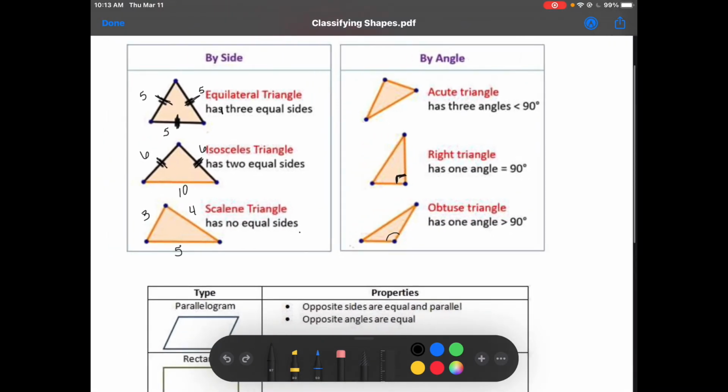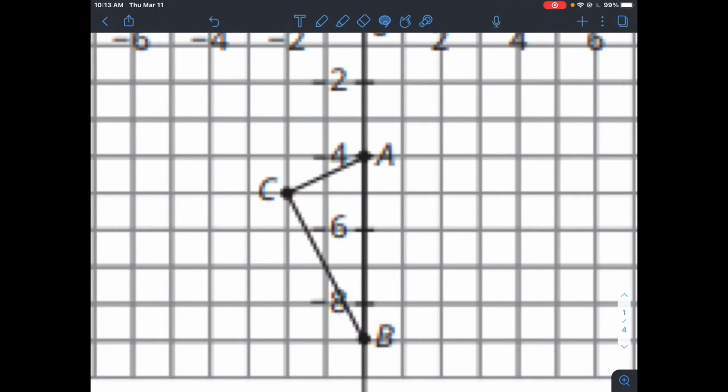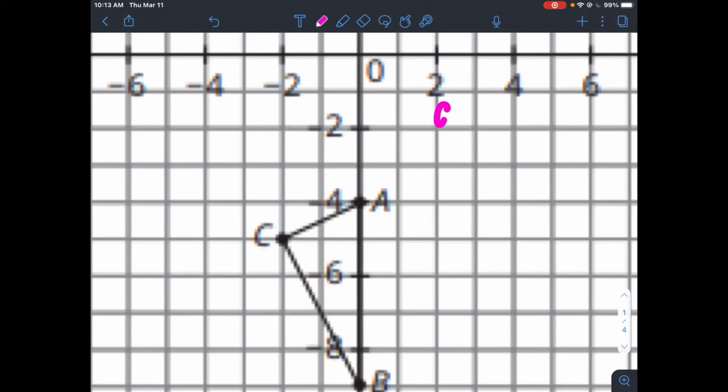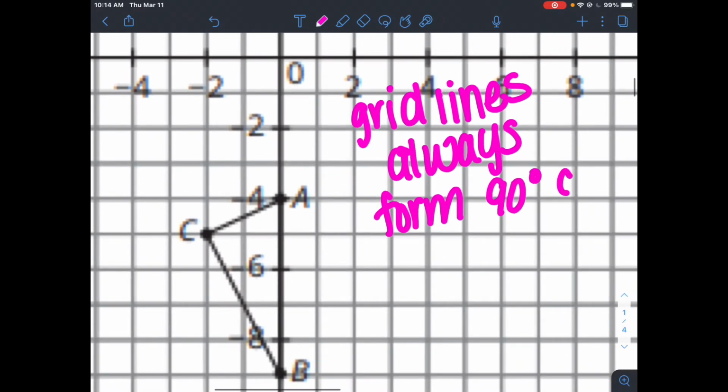So if we wanted to look at these angle measures on a graph, okay, so for this triangle, these grid lines on my graph always form 90-degree angles.